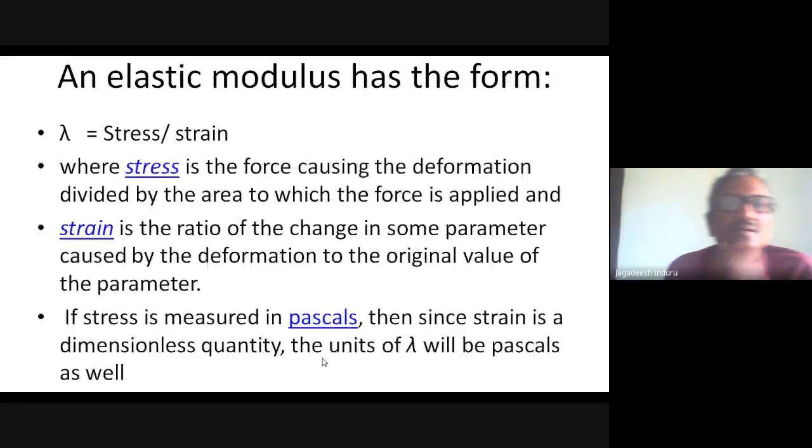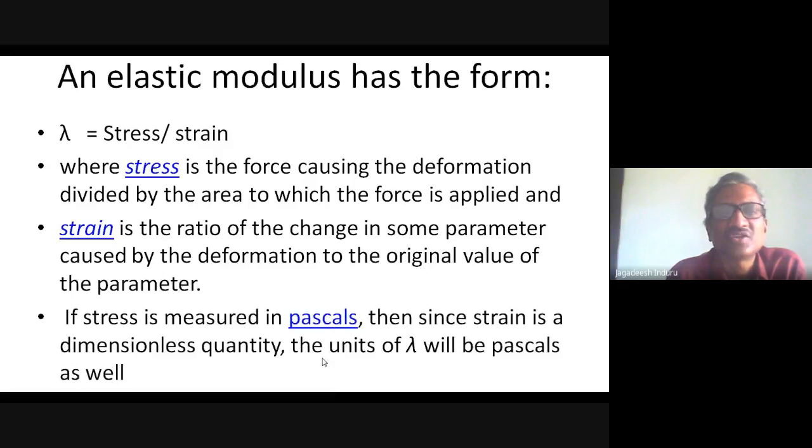If you see, the elastic modulus has been given as lambda here, which is equivalent to stress divided by strain. The stress is the force causing the deformation divided by the area to which the force is applied. It means force per unit area, that is, the pressure applied. This is taken as the stress in the numerator, and in the denominator you take the strain.